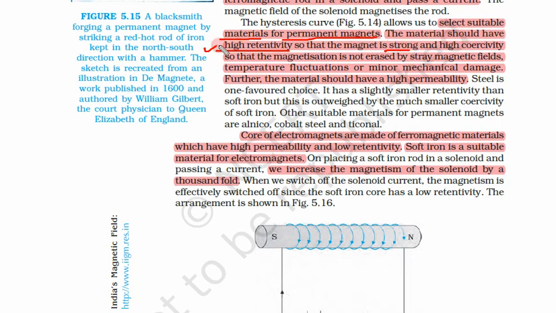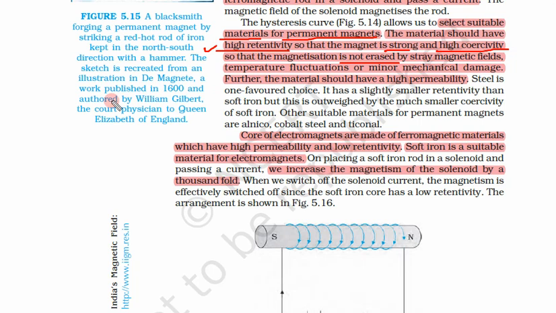So material should have a high retentivity, so that the magnet is strong, and high coercivity, so that the magnetization is not easily erased by stray magnetic fields. So two things we need. One, high retentivity. Even if we remove the field, the magnetic field is still strong.